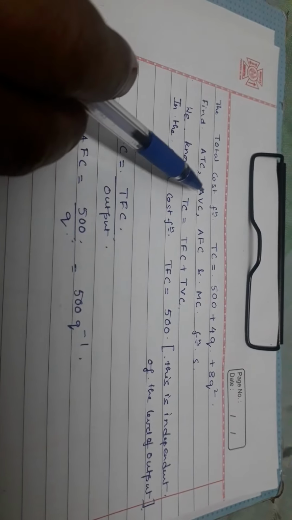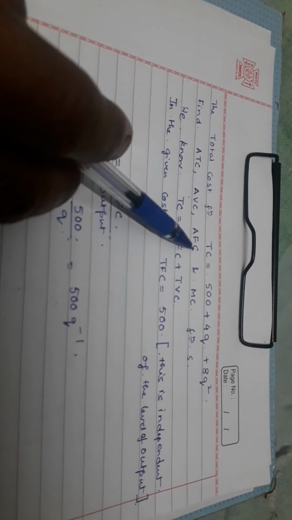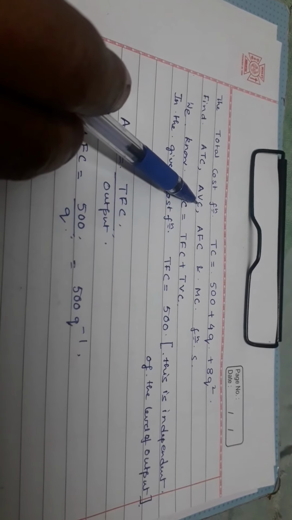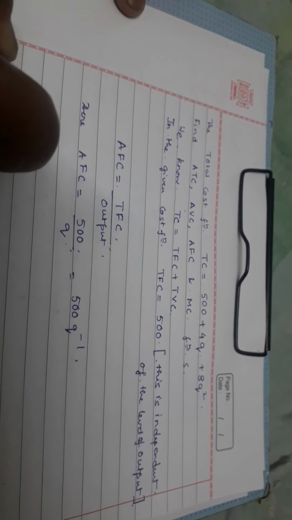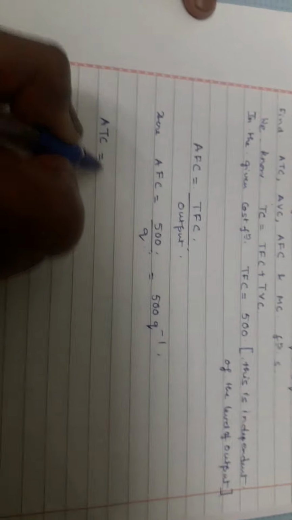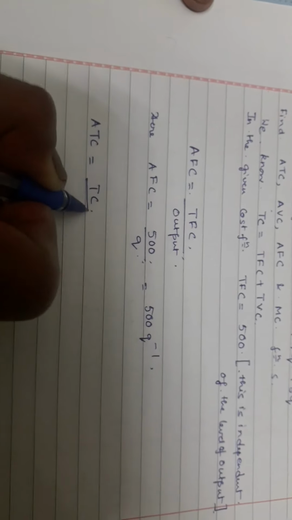Okay, now next comes the average variable cost. Average fixed cost we have done. Next come the average variable cost and the average total cost. Average total cost is total cost per unit of output.